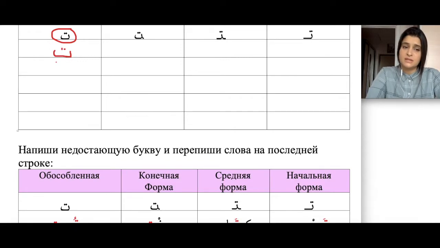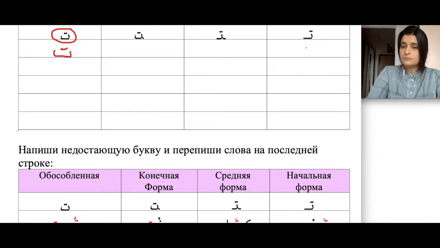But it is better to connect them and make a line like that, so we will not tear off our hand from the notebook when we are writing it. Of course, you're free to choose to write it like this or like this, but I recommend you to write a line above letter Ta. It is better.